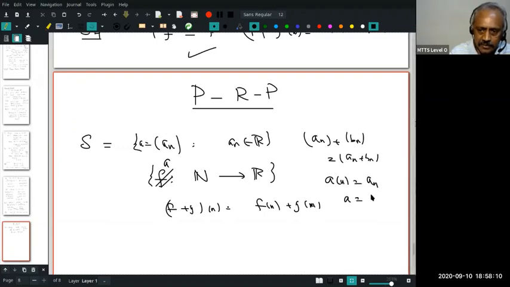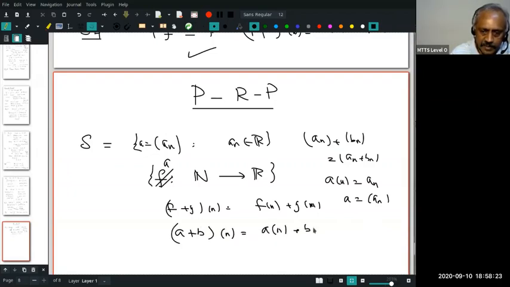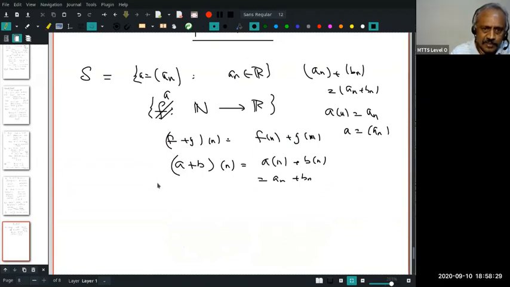Therefore the sequence a you denote by a_1, a_2, a_n, etc., the infinite tuple. You understand? Therefore, what will be (a plus b) at n? It will be a at n plus b at n, that is a suffix n plus b suffix n. I don't want to spend too much time, but go through that.